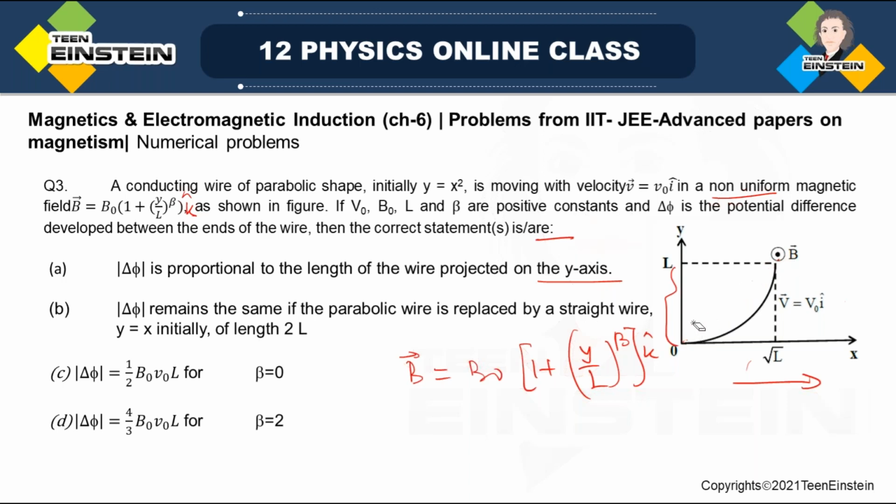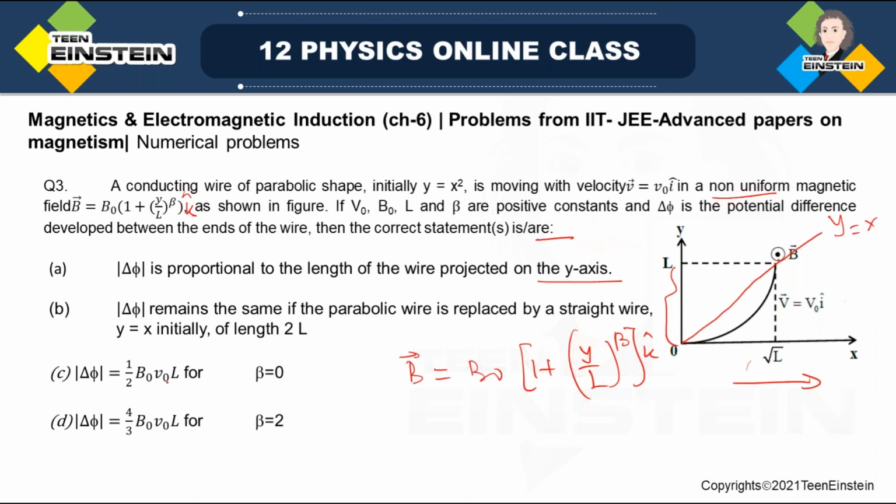Let me just draw the solid line. This is y is equal to x. It says the change in the flux, delta phi, will remain the same. We'll see how correct it is.